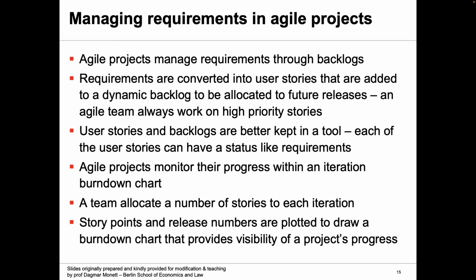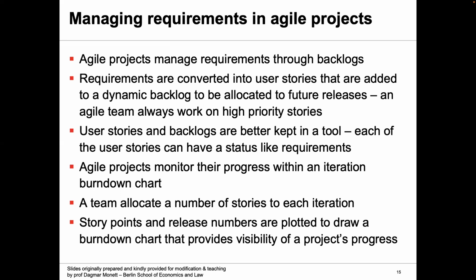So in Agile project management, requirements occur mainly through backlogs, and the requirements are converted into user stories that are added to a dynamic backlog. Everything in Agile is dynamic, right? There is nothing fixed where once a portion is done, we are not going back to it. So you have a dynamic backlog where you put your user stories, update them, and prioritize them as the work goes on.